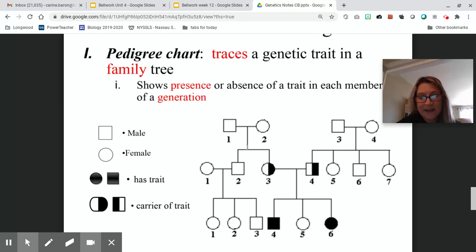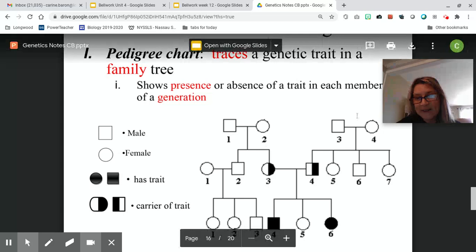This is their maternal side, right? Their mom's side. Person number 1 and person number 2 in generation 1, that's their grandparents. So their grandparents are shown over here for their mom's side, and this is their dad's side.